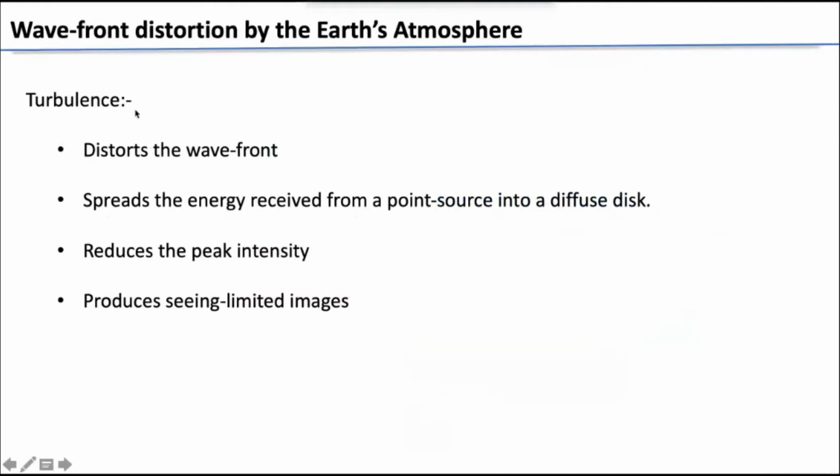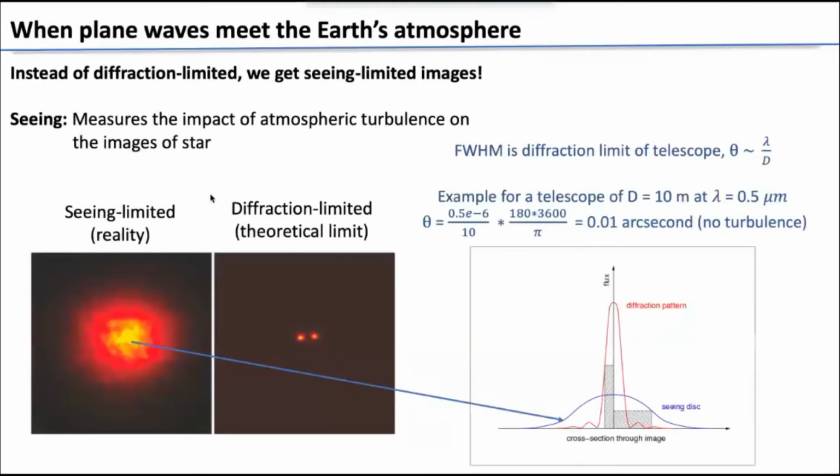Just to give you a summary, turbulence created by the Earth's atmosphere distorts the wavefront of the signal coming from the star. It spreads the energy received from a point source into a diffuse disk. This is the point source, and this is a diffuse disk here.